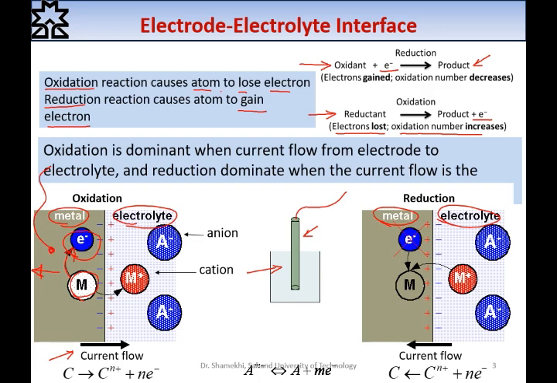When we are talking about the current flow from the metal to electrolyte, it means that the electron should travel in the opposite direction.